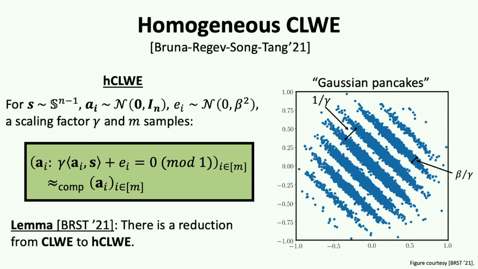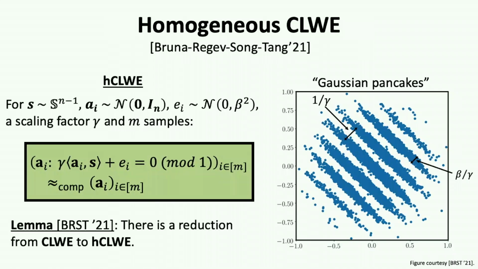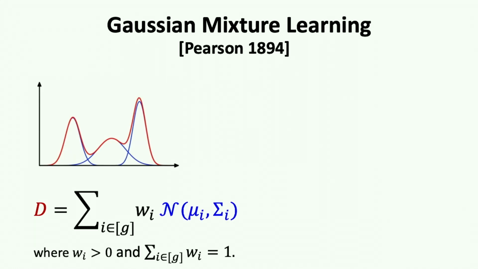Okay, good. So now, Gaussian mixture learning and how is this related? As you can probably see right away, this is very much Gaussian mixtures. Here's the Gaussian mixture learning problem. Now I'm in your territory.